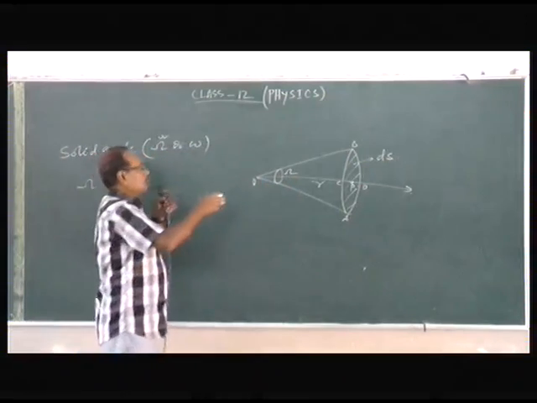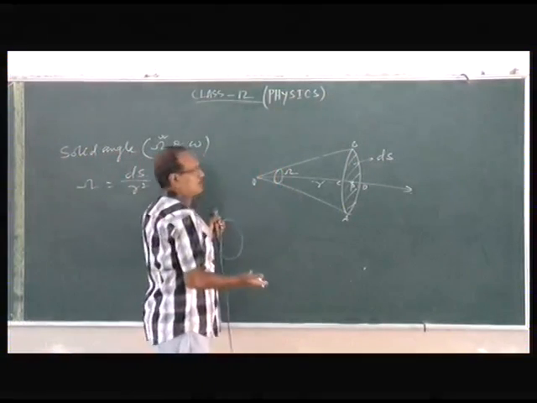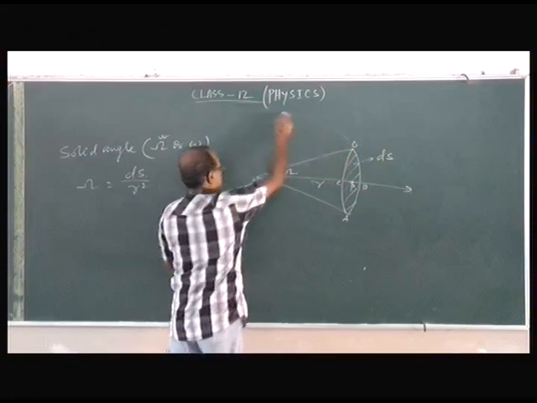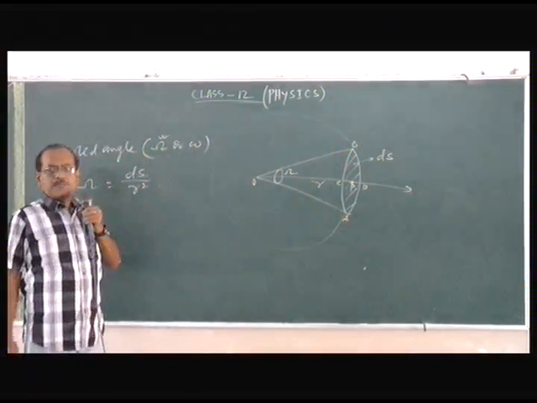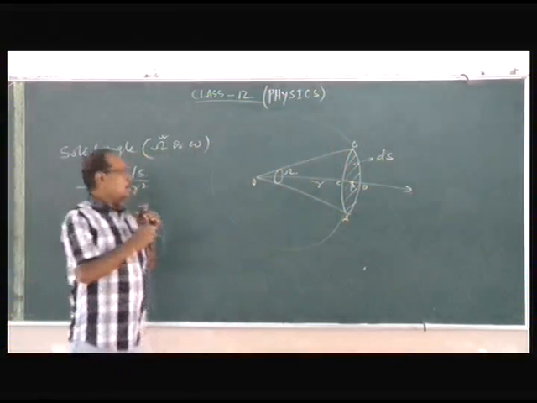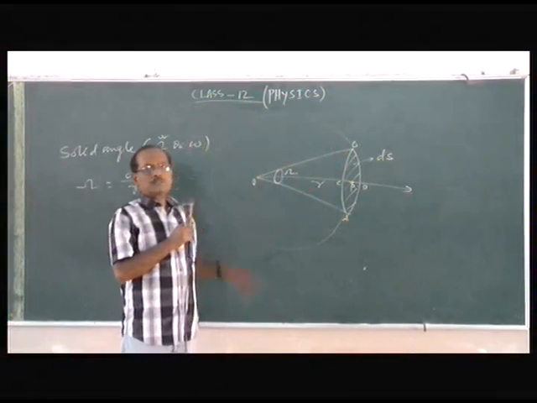Now if we open this one completely, it will take the shape of a sphere, and r will be the radius of the sphere.